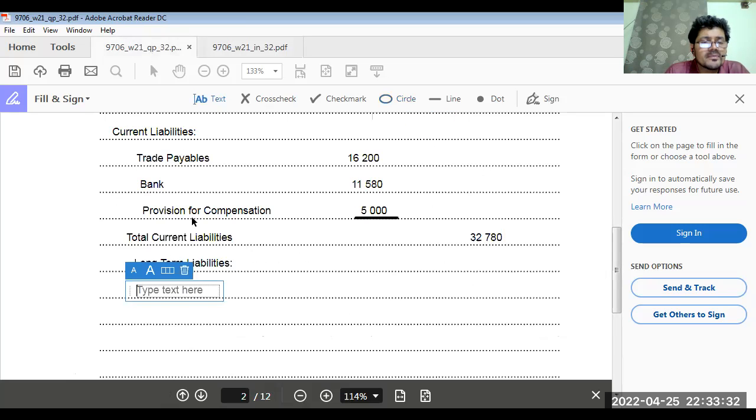I think it's the only liability, no? Long-term. Yes, it's the only liability. This is 50,000. Okay. Now bank loan. Two liabilities.